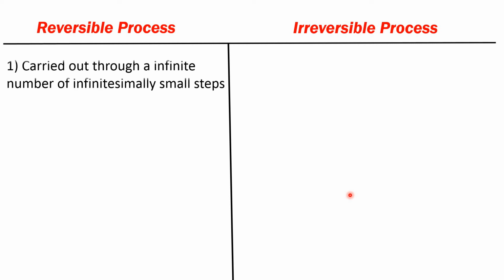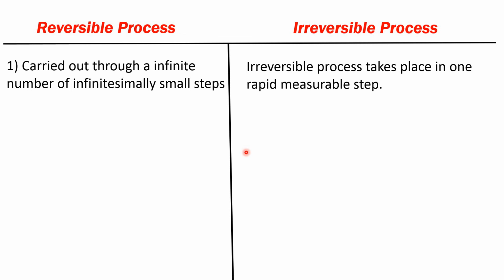Now let's compare the reversible process and irreversible process. Already we have come to know the criteria, that only you have to compare. Reversible process is carried out through a large number of infinitesimally small steps, and irreversible process takes place in one rapid and measurable step.